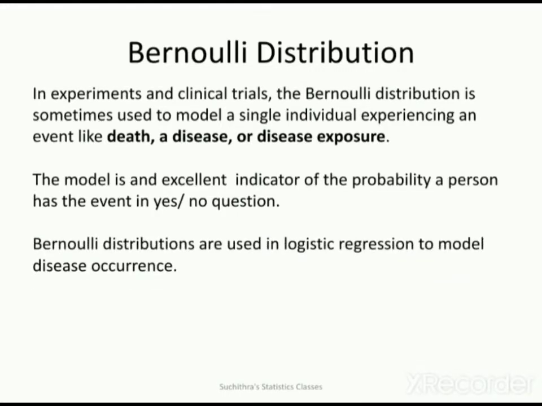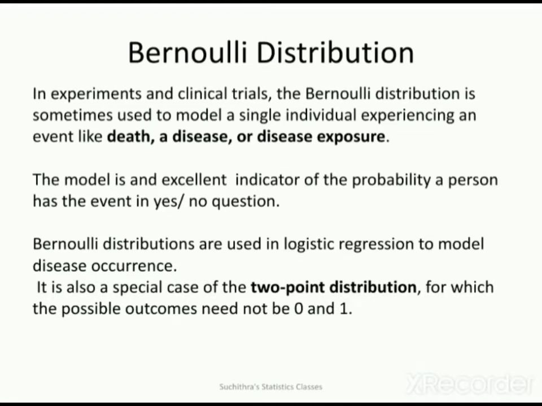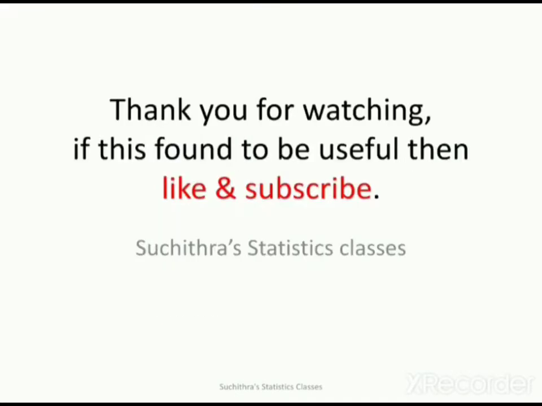Bernoulli distributions are used in logistic regression to model disease occurrence. It is also a special case of the two-point distribution for which the possible outcomes need not be 0 and 1. That can be 5 and 7, 2, 3, whatever be the value we are assigning to x.